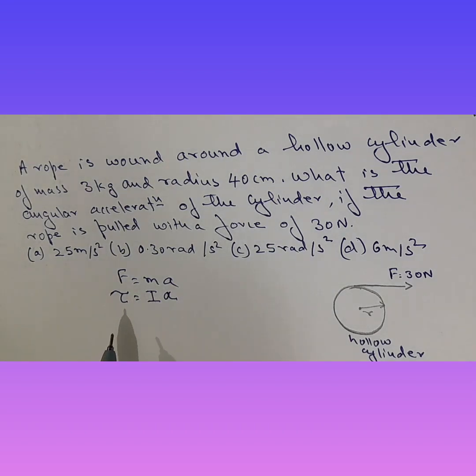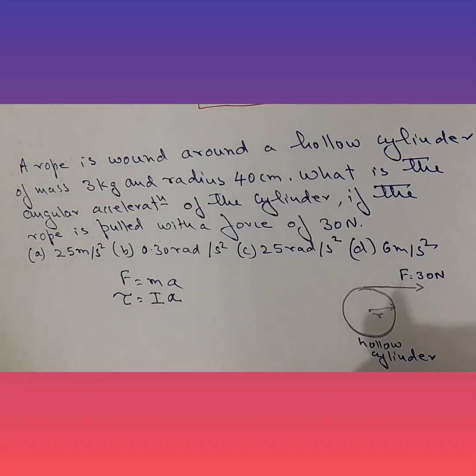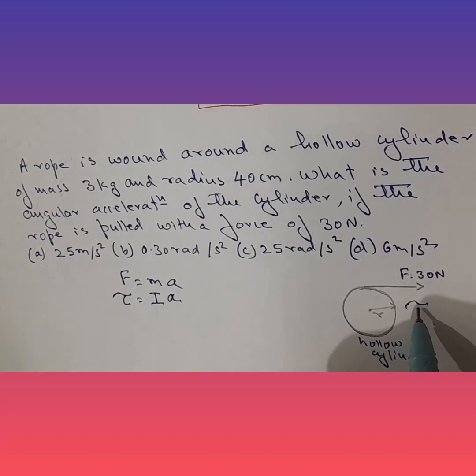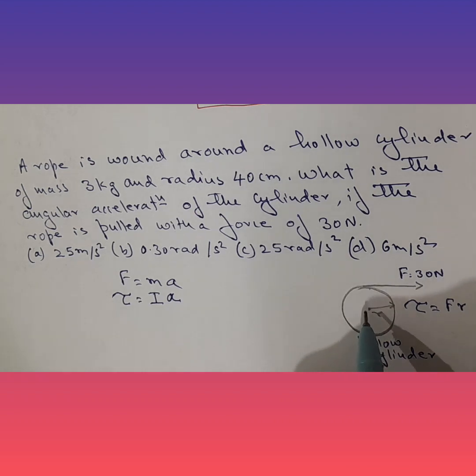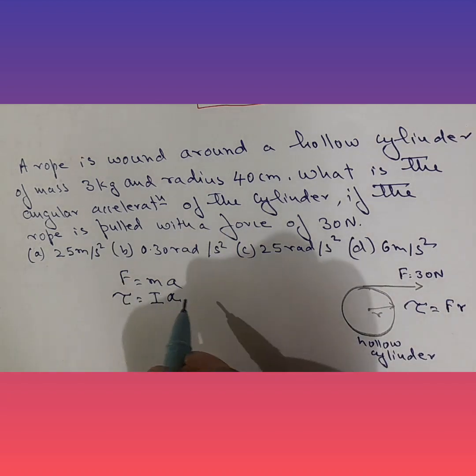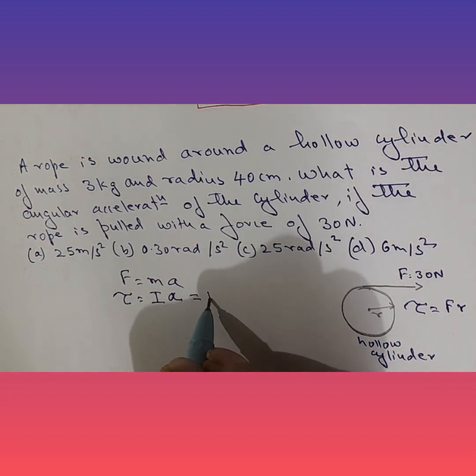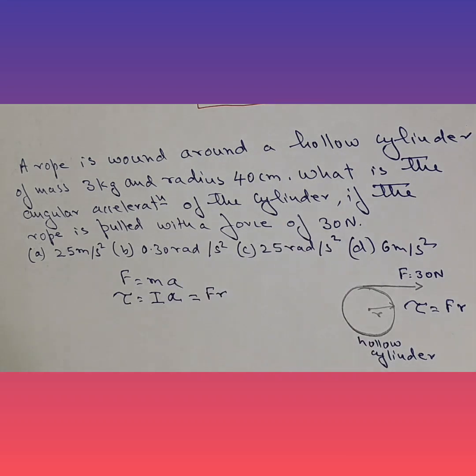So that's the formula for torque. And torque we also know is force into perpendicular distance. So we can also say tau is equal to F into R.